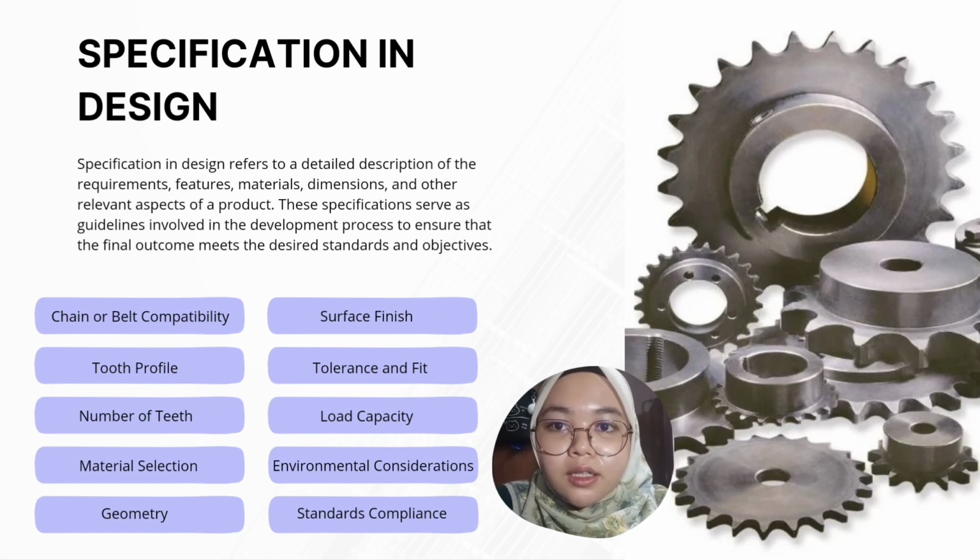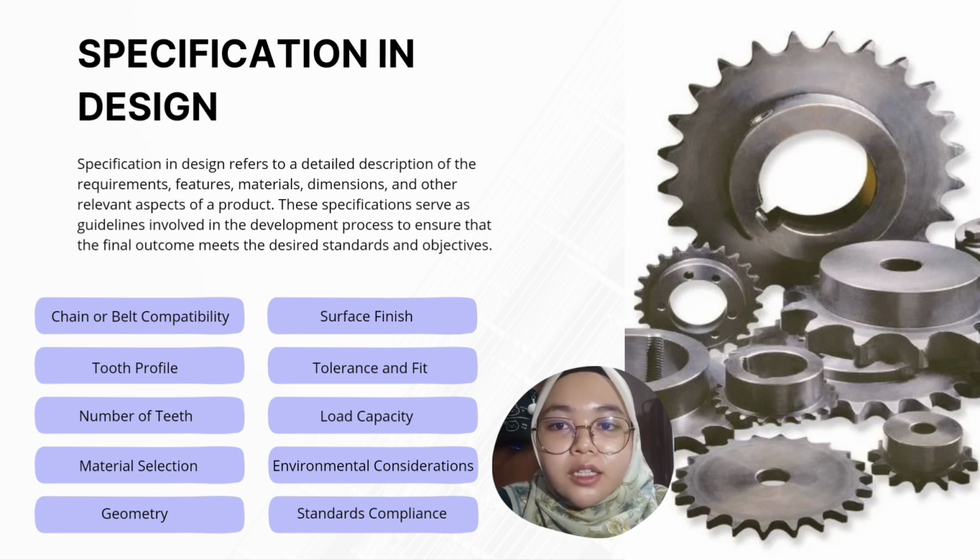Okay, the next one is specification in design. Specification in design refers to a detailed description of the requirements, features, materials, dimensions, and other relevant aspects of products. This specification serves as a guideline in the development process to ensure that the final outcome meets the desired standard and objective.